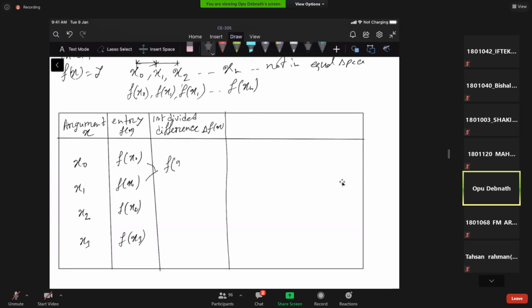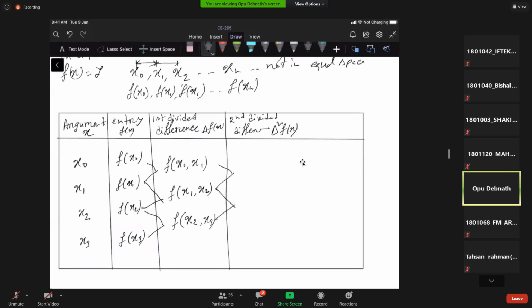This will be nothing but a function of x0 and x1. Again, from these two, this will be a function of x1 and x2. Later we will show how to calculate these function values. And the third one, from these two, we will get a function of x2 and x3. Again, the second divided difference, del square f of x, will be from these two and these two.